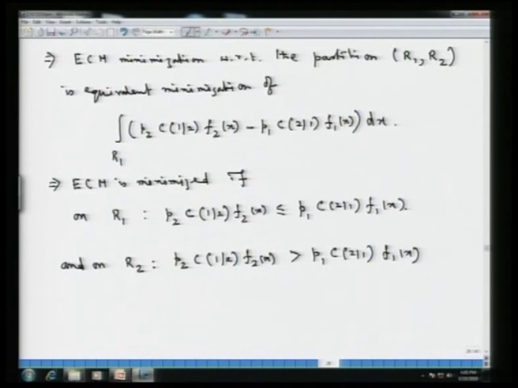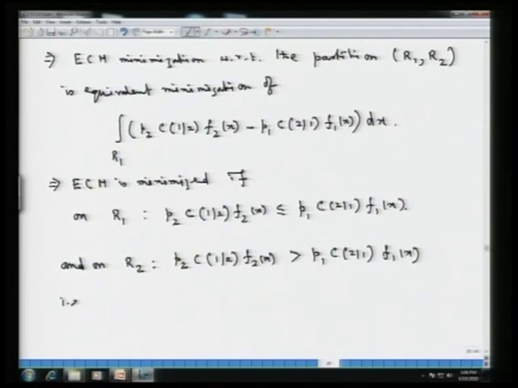So, this R1, R2 partition is a set of all x's such that this quantity is less than or equal to the right hand side. That is the region of all x's for which x is going to be classified into pi 1, and this is the set of the complementary x's for which this expression is strictly greater than the right hand side.